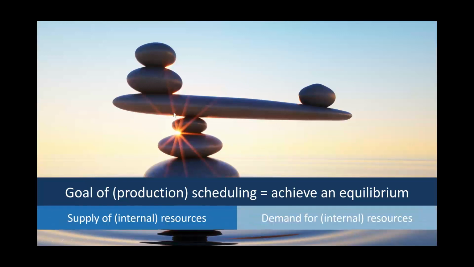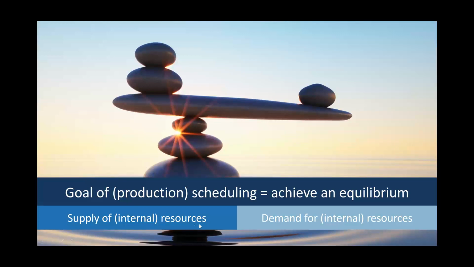Namely, you want to balance the supply of your internal resources with the demand of your internal resources. If you would have too much demand for your internal supply, then this will break. Or if you have too much capacity and too little orders, then there would also be a disbalance in your shop. And with scheduling, you want to achieve this kind of equilibrium.